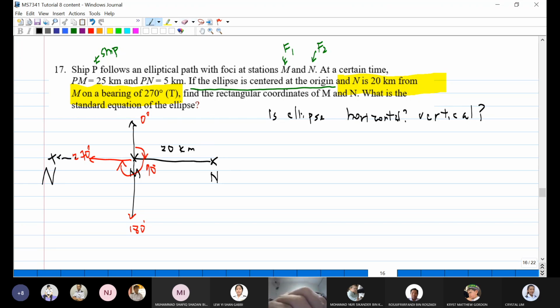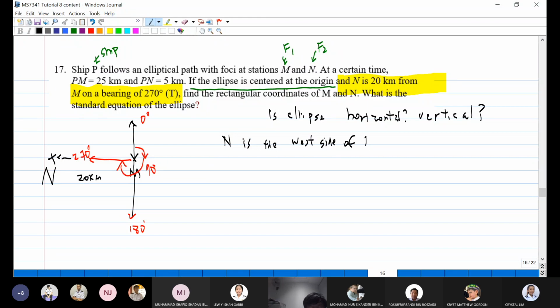So this is the wrong position now. That's why I made the graph wrongly. You can see that this is the wrong position. The position should be, it's not here, right? So by looking at this, you know that this is 20 kilometers here, and is on the west side of M. Anyone don't understand this one?